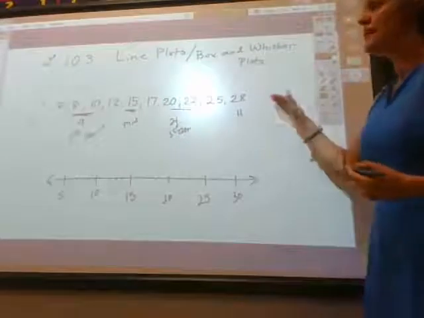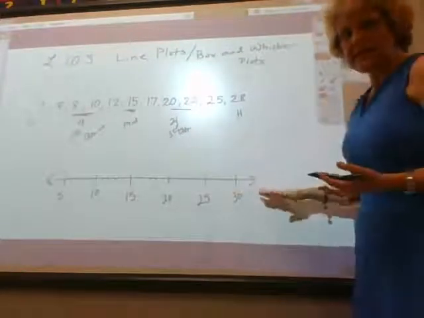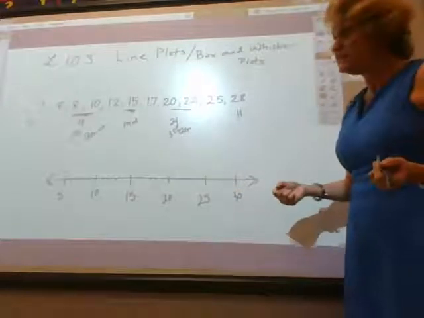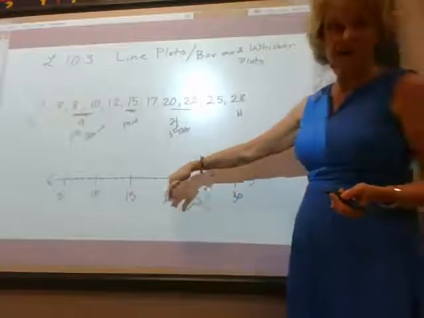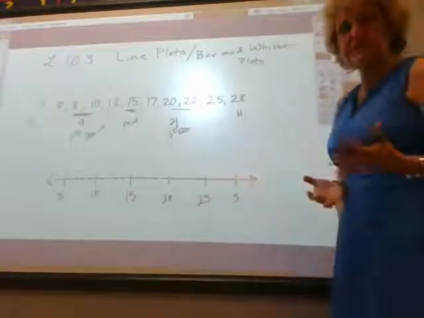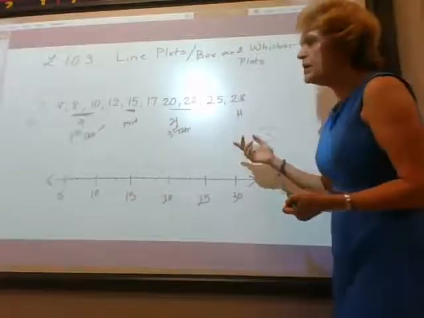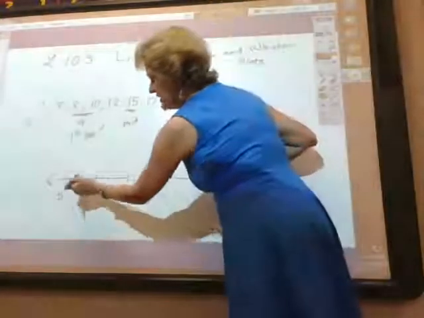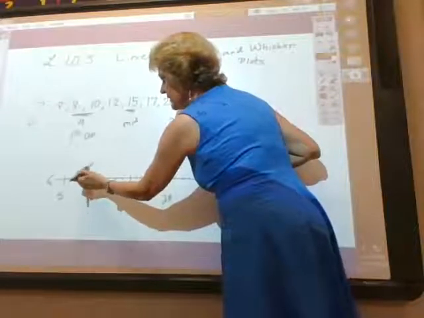Now, for line plots, very simple. You just have a number line, and you're going to put an X for each piece of data. So I did this number line by 5s, okay? You can design yours your own way, but this is kind of basic and pretty simple. So my first piece of data is 7, so I put an X. I have 2 8s, okay?